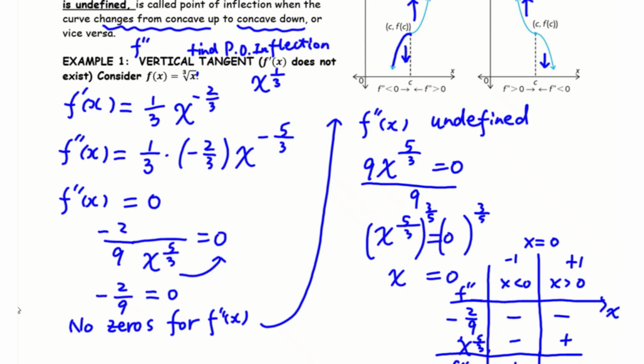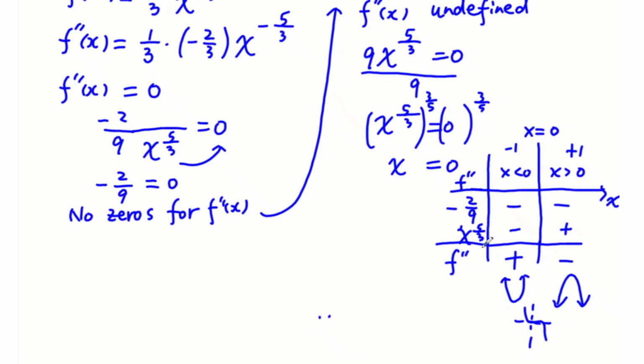So now from this point we know that we have only one x equals 0, where f double prime is undefined, and f double prime is changing the sign.